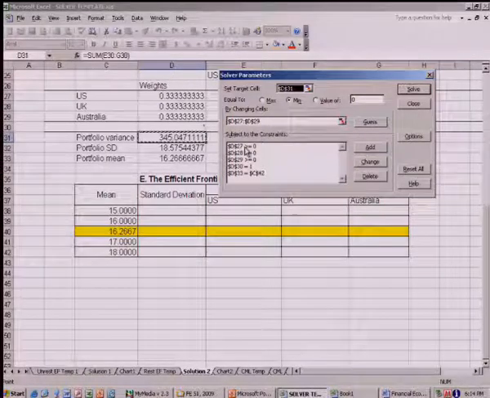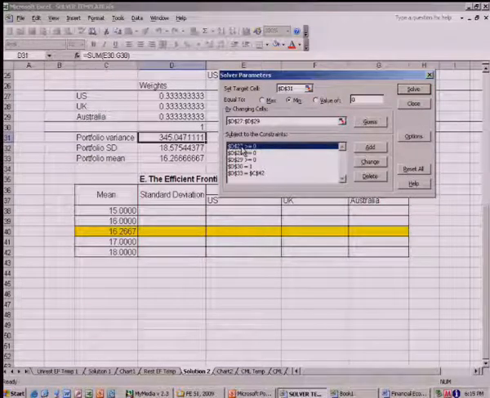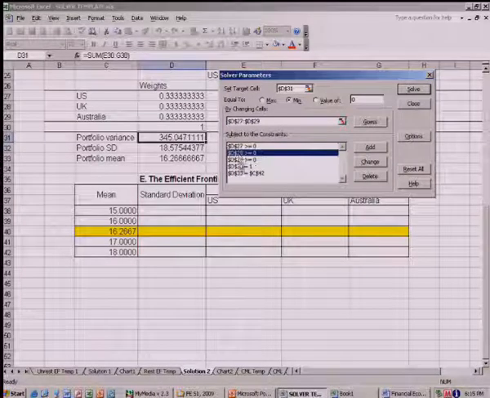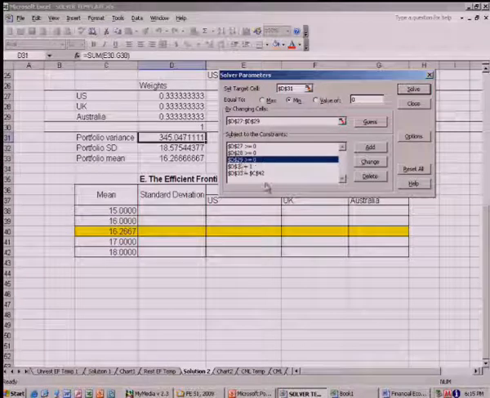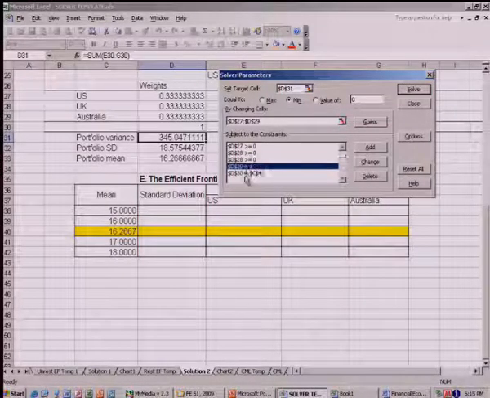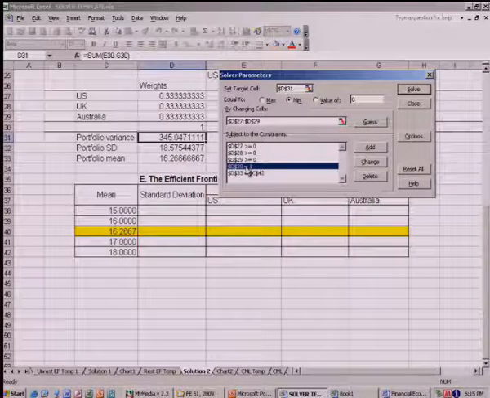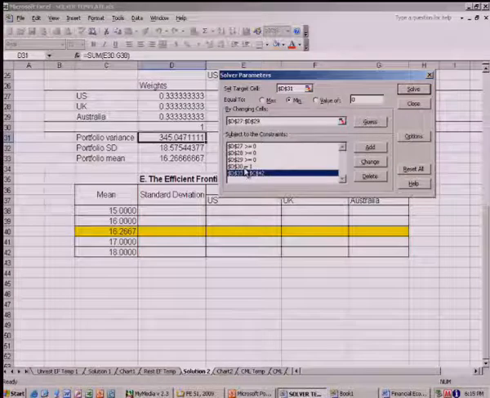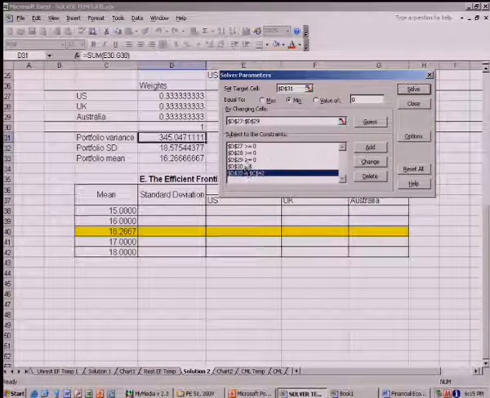The constraints I have specified are that I want the weight on the US asset to be equal to or greater than 0, so it has to be positive. The weight on the UK asset has to be positive. The weight on the Australian asset has to be positive. And I still have the other two constraints, which are that the sum of all of the weights needs to be equal to 1, and that my portfolio expected return needs to be equal to the target return.